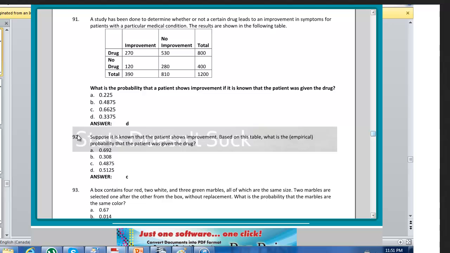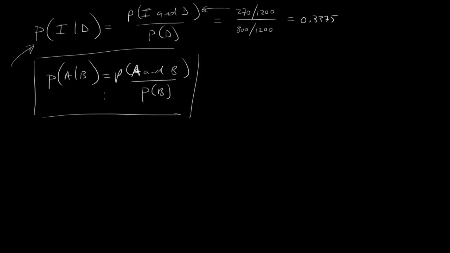Although, let's also have a look at number 92. It says, suppose that it's known that the patient shows improvement. So it's given that they're in the improvement group. Based on this table, what is the empirical probability that the patient was given the drug? So we want to know the probability of the drug, given that they've improved.